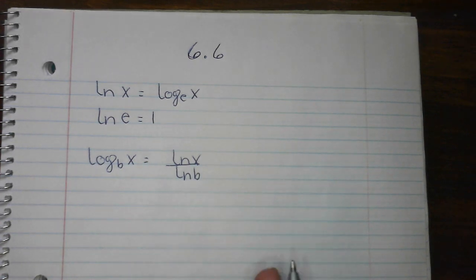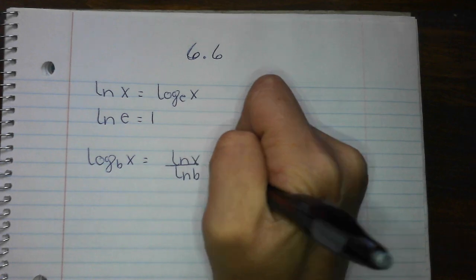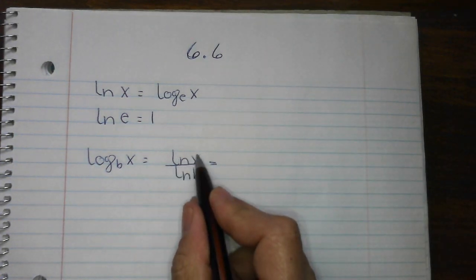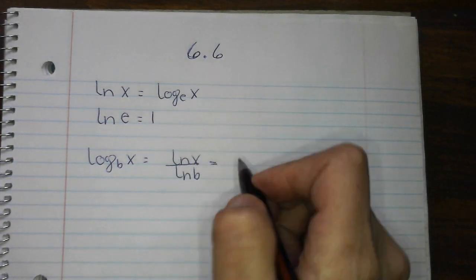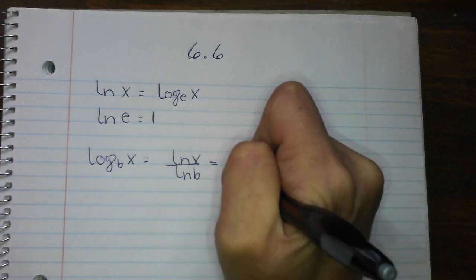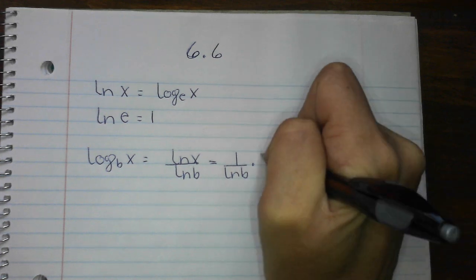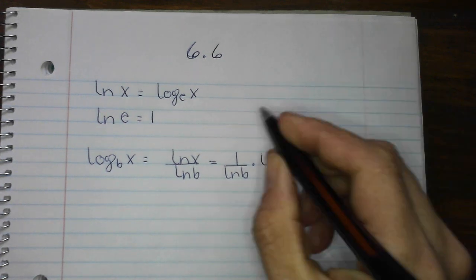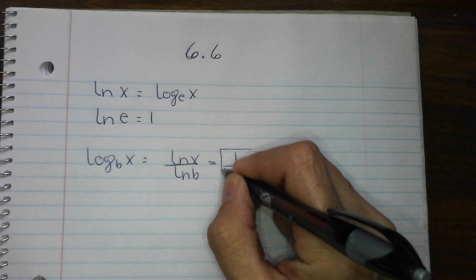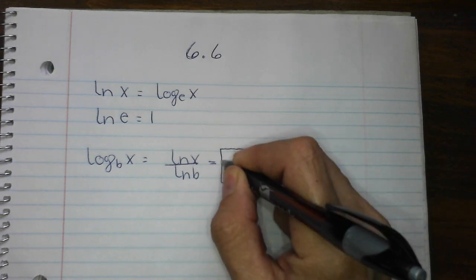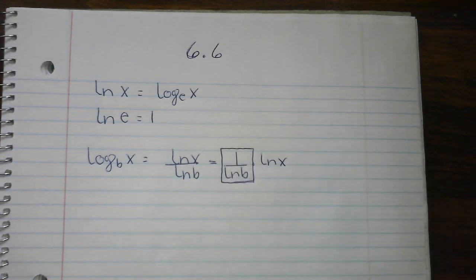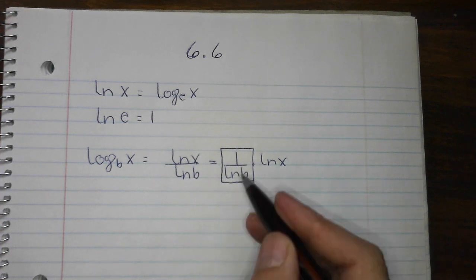So what I'd like you to do is take the time to rewrite that as slide this ln of x off to the side and leave a 1 in its place. So you have 1 over ln of b times the ln of x. This right here, and this was the part you were struggling with, this will always be a constant value. This will represent a number.